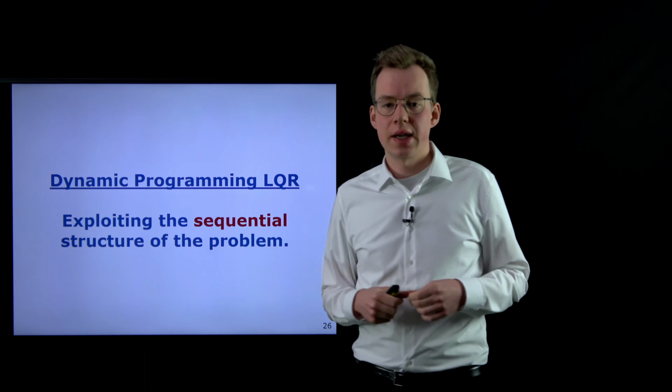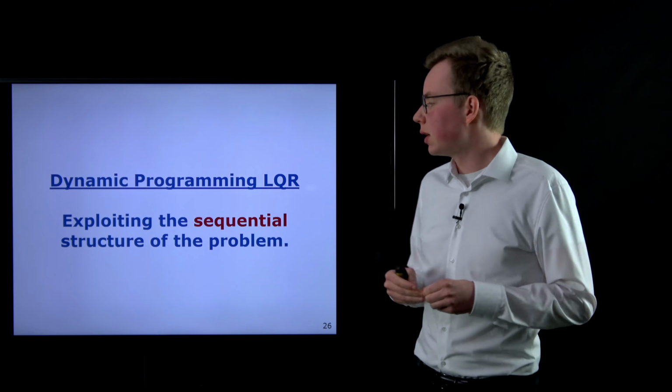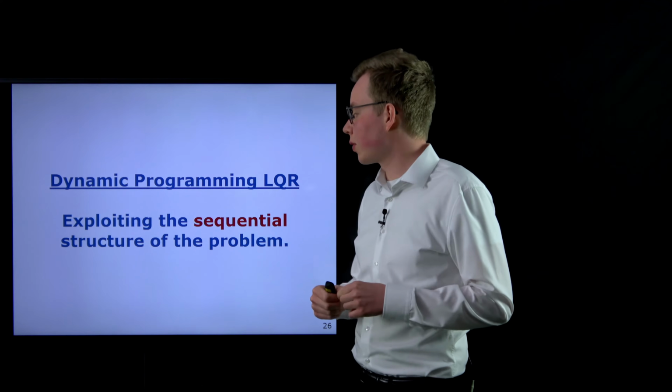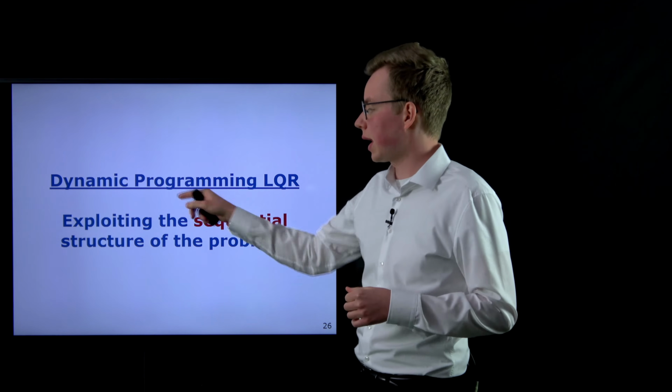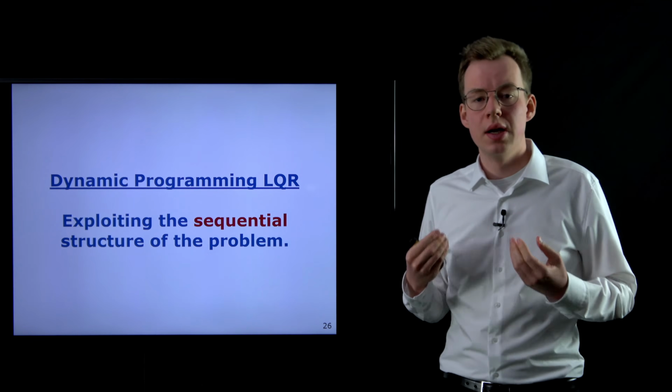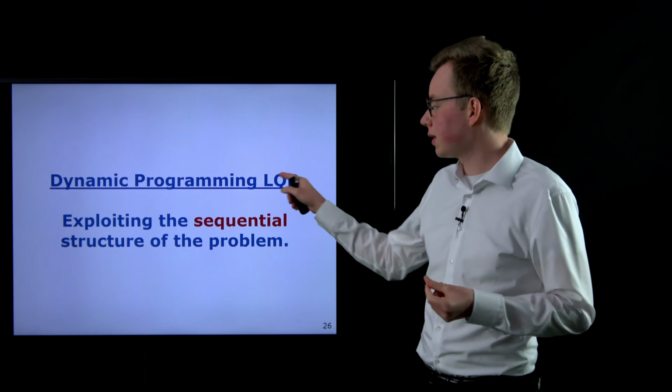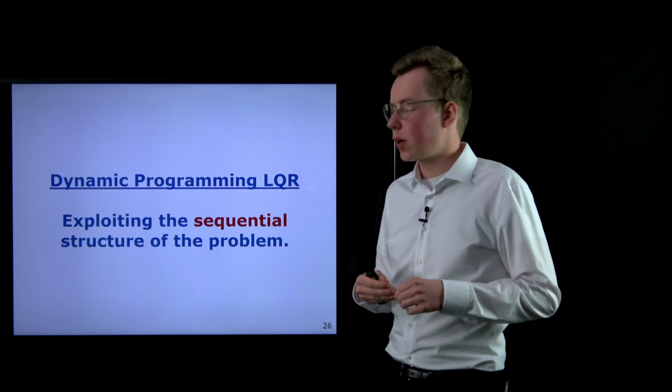And the short answer is yes. The idea that we can follow is dynamic programming, which gives rise to a different solution to LQR. Technically, dynamic programming can also be applied to different settings, but in this LQR setting it works out quite nicely.